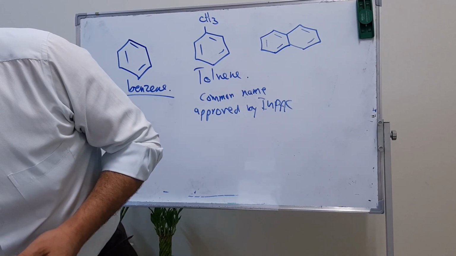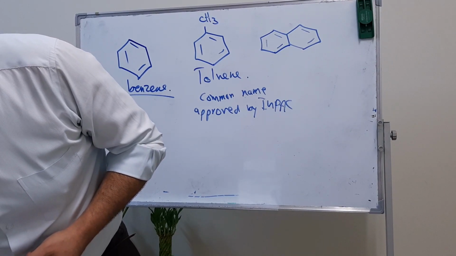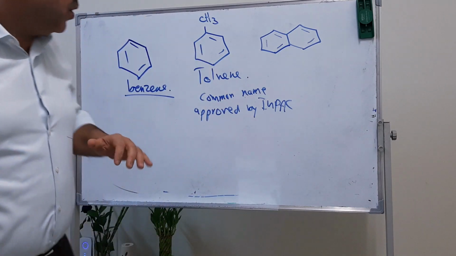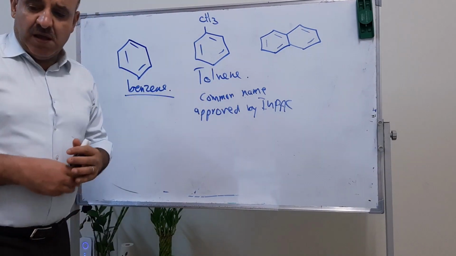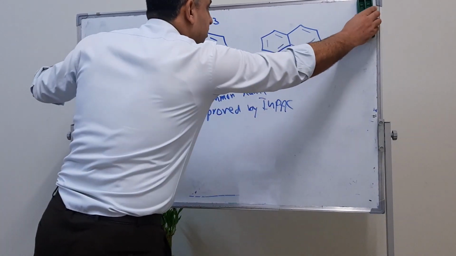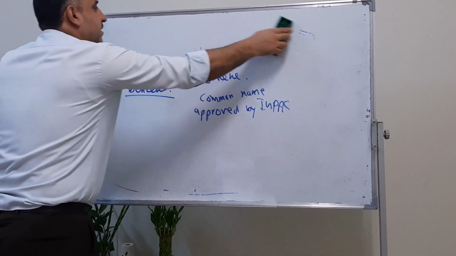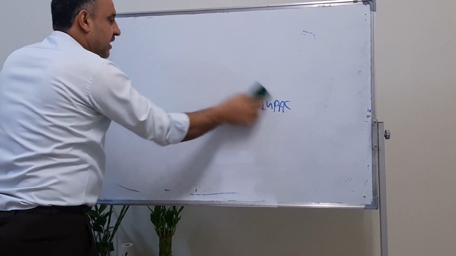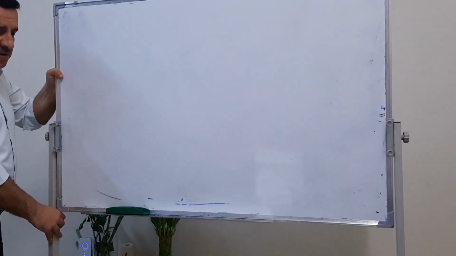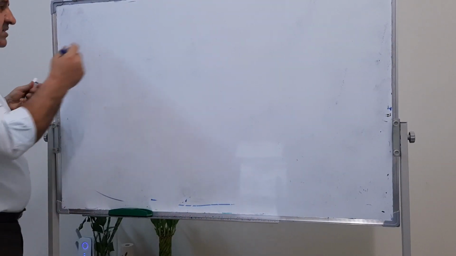Now, there are some common names, as I said, where some substituents, when they are attached to the benzene, change the name of the compound. For example, like toluene. Another example here is carboxylic acid.